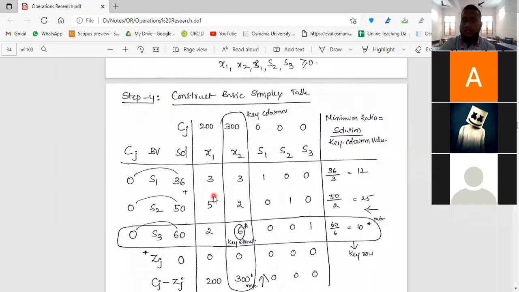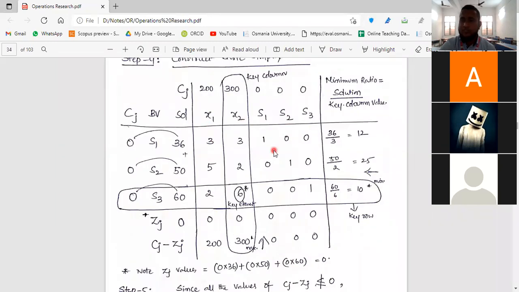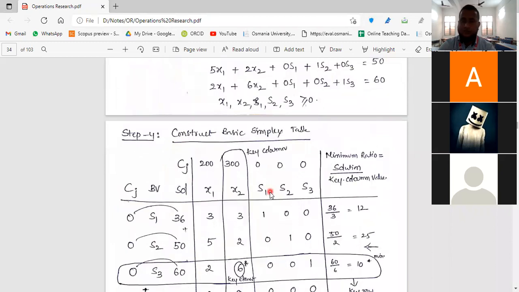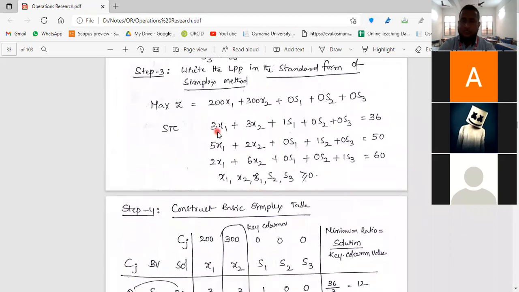Now write down the values of x1 and x2 in the constraints. In the constraints you have 3x1 plus 3x2 plus 1s1 plus 0s2 plus 0s3, right? So 3x1, so 3 value here, 3x2 means same here. 3x1, 3x2, 1s1, same 5x1, 2x2, then 1s2, 2x1, 6, and then 1s3.